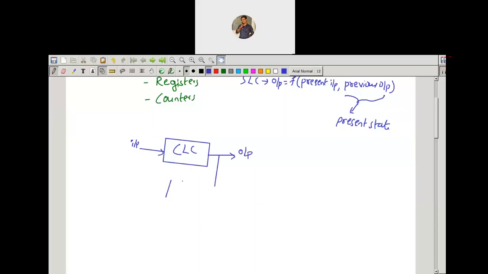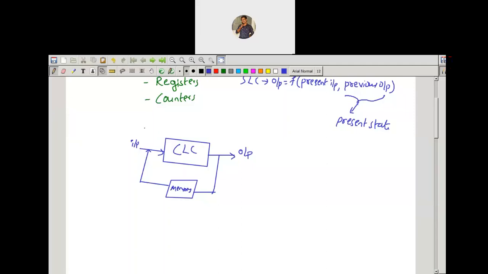We'll take one feedback path, that is, the output will be fed back to the input port, and it is called a memory element. This is the memory block that is going to store the output data, the previous output data.